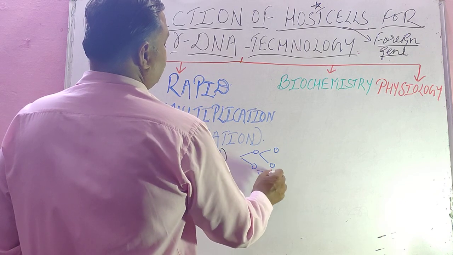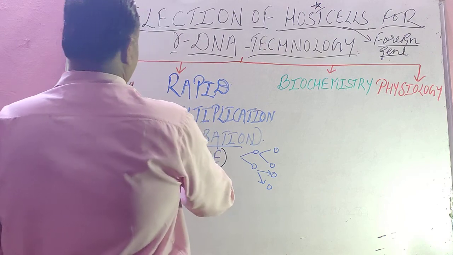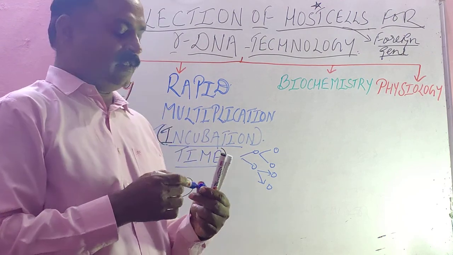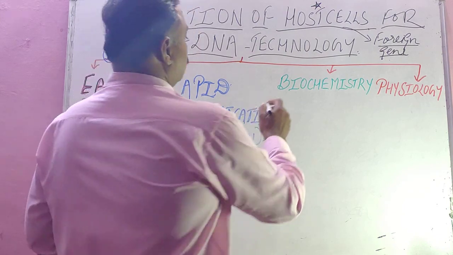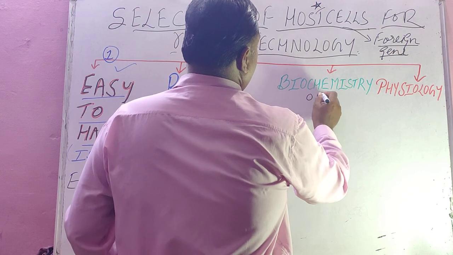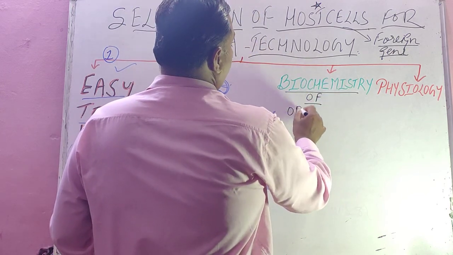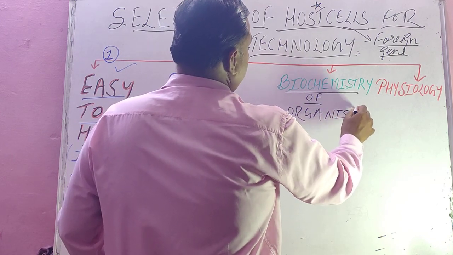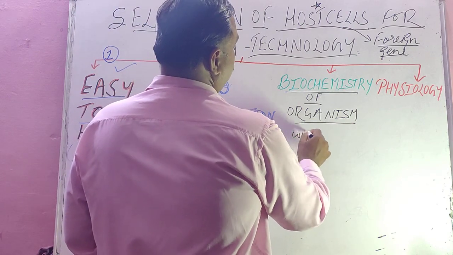That is, the incubation period or incubation time should be very fast, so that we can harvest a lot of product in the last. Then the biochemistry of the organism should be well known. The biochemistry of the organism should be what, student?